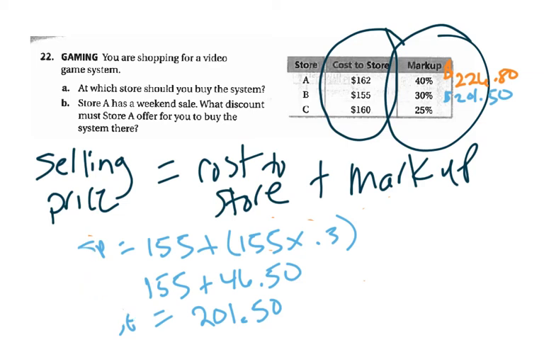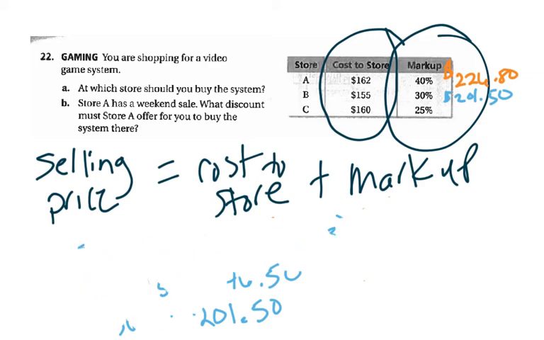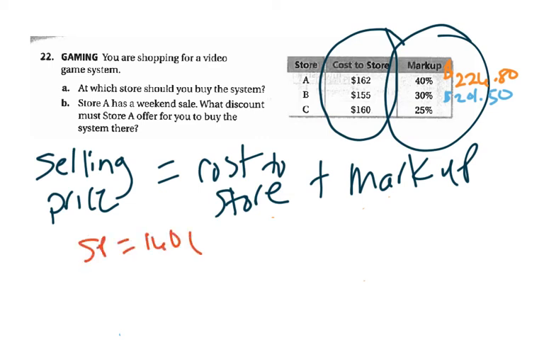Okay, so now let's figure out store C. So again, selling price is going to be equal to $160 times, or I'm sorry, plus, make that a plus sign, 160 times 25%.